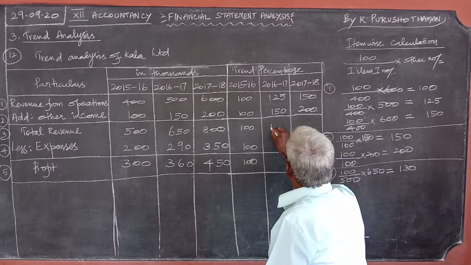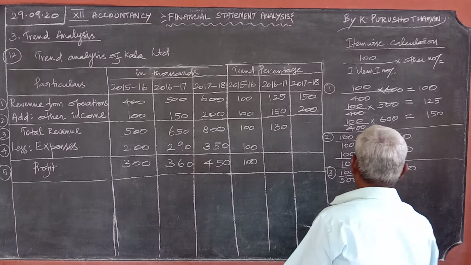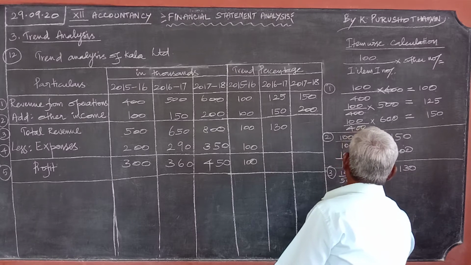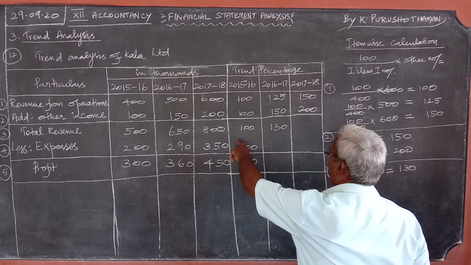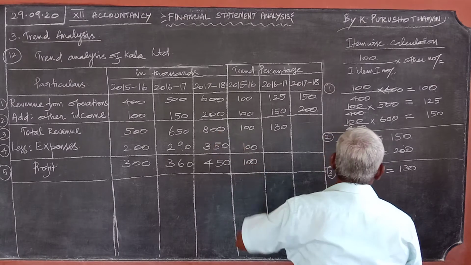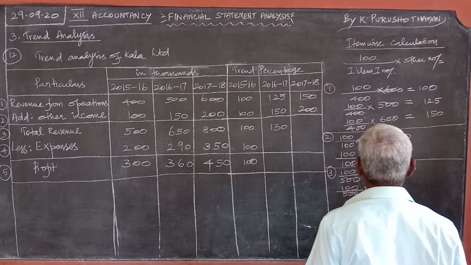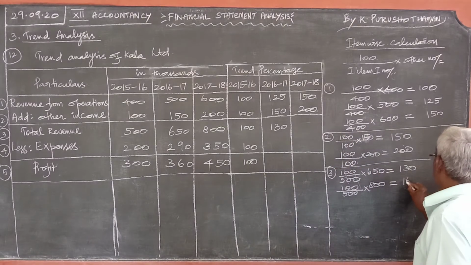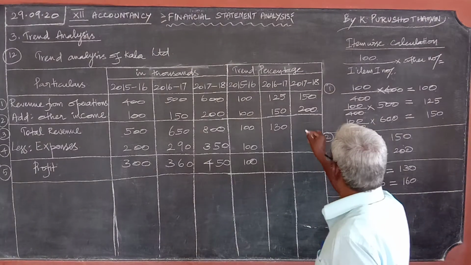This 130% you can write. Then the next one, 100 by 500 into the other number, 800, which is equal to 160%. This is 160.